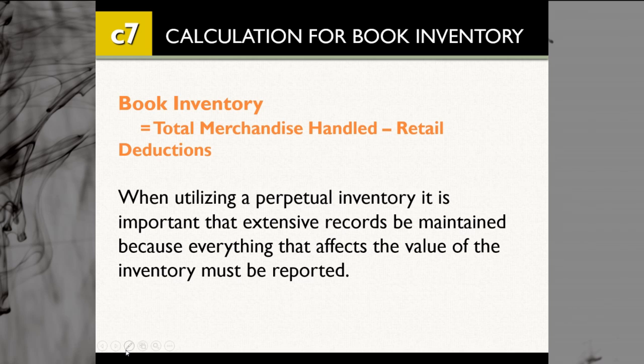That gives you a clear idea about your inventory, and when you check it later against your physical inventory, you will have less difference between your physical and book inventory. So you have to keep a good record of your book inventory.